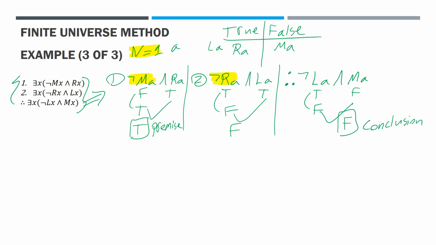If we say RA is true, we will have premise 1 is true, but premise 2 is false. On the other hand, if we say RA is false, we'll get premise 2 as true and premise 1 is false. So we're stuck. There's no way to show this argument is invalid in a world with only one object. So we need to move on to something else.